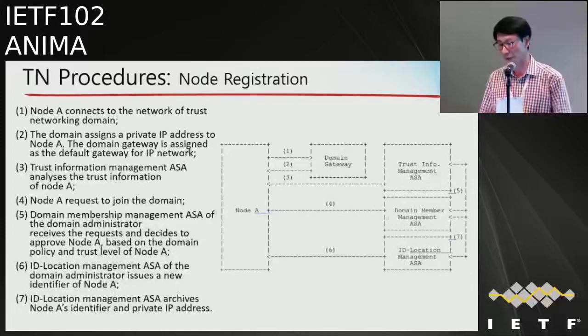There are three ASAs defined for this purpose: the trust information management ASA, the domain member management ASA, and the ID location management ASA. Through these interactions, the autonomic node can be registered as a trustable entity in the trust networking domain.